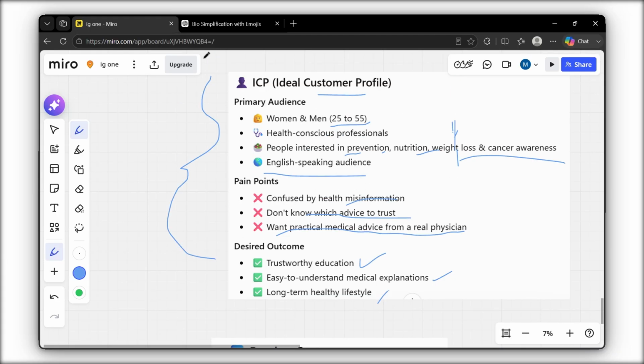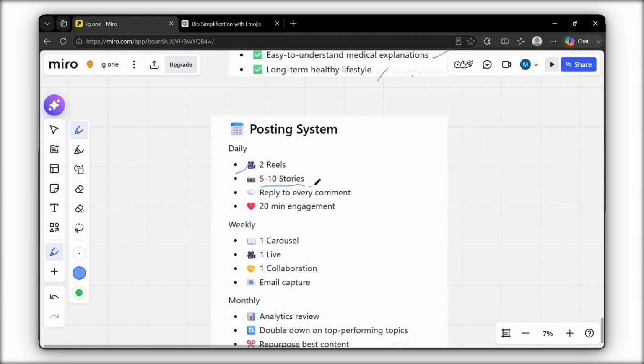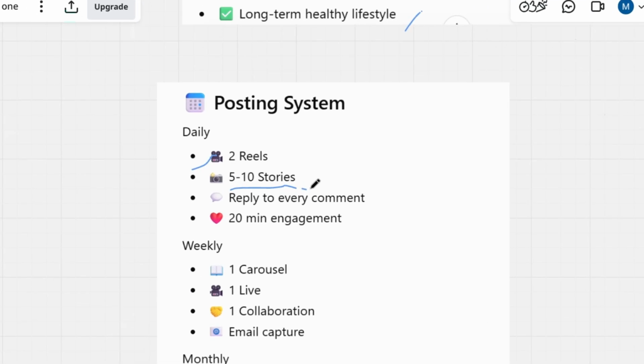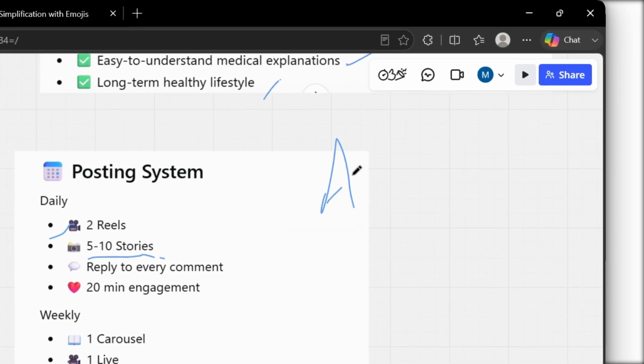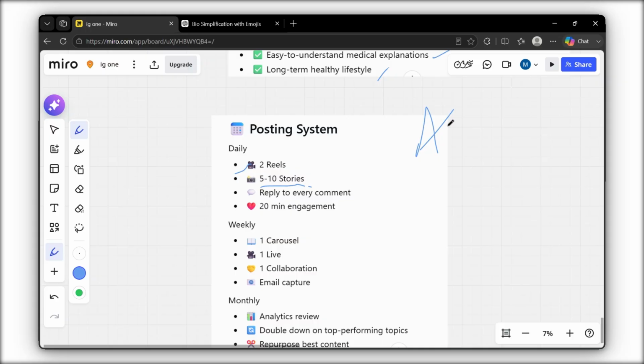So if they see wins in every story, she's telling about her customers, about her patients. She's showing how she transformed their journey, how customer A joined our clinic, and we helped them get weight loss, right?